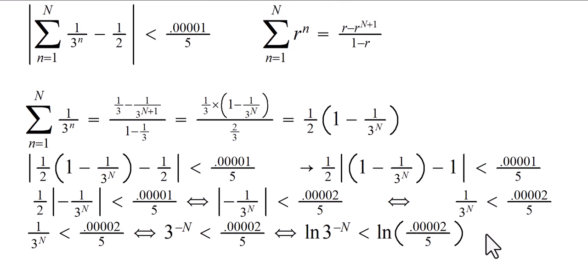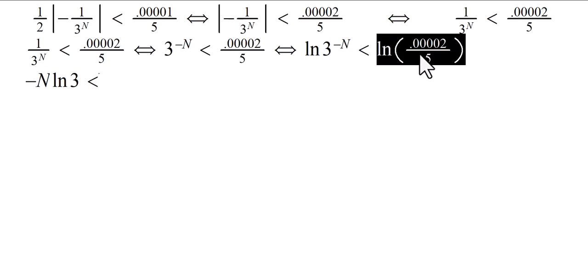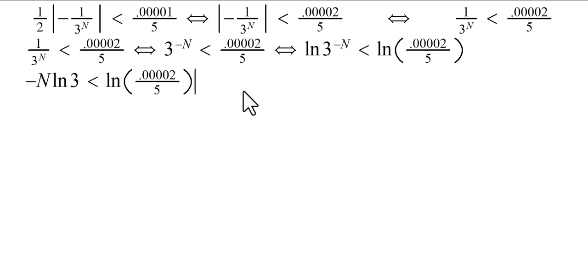So what that gives us is that negative n ln of 3 is less than this quantity right here. We can do the arithmetic in here if we want to, but I'm just being kind of lazy here.